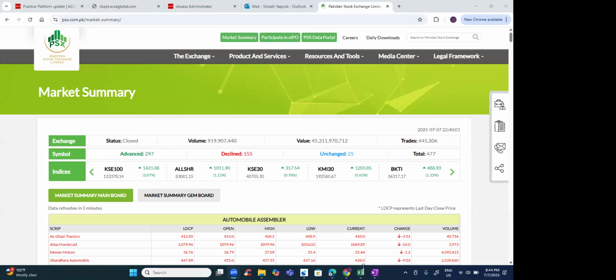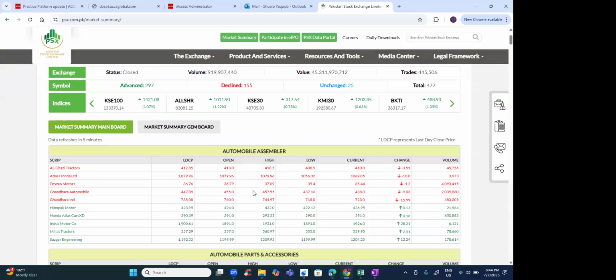So if you want to calculate the beta of any publicly listed company of Pakistan, for example Millat Tractors, you will take the KSE 100 index movement of the last 5 years, and the Millat Tractors share price movement of the last 5 years.